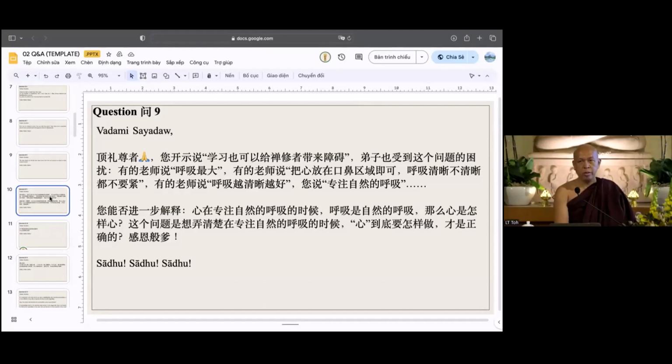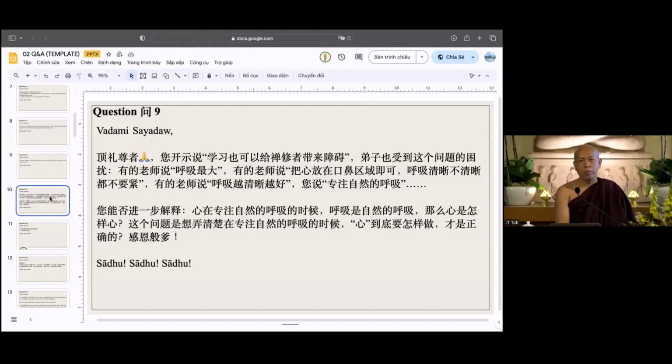But some other teachers say, just put the mind at the nostril area. That is enough. Whether the breath is clear or not clear is not important. The third teacher says, the clearer the breath is, the better it is. But Pandey says, just focus on the natural breath. So he would like to ask for further explanation.